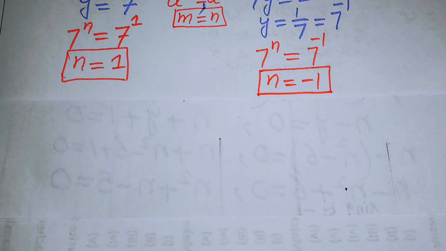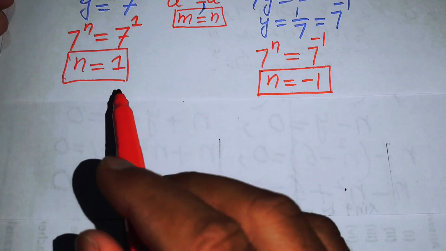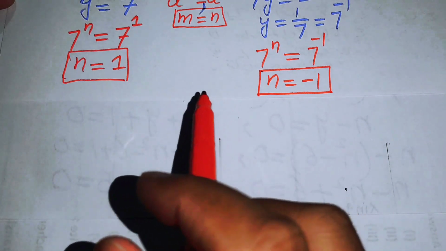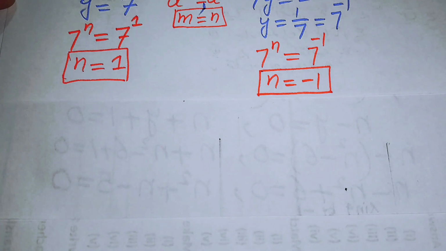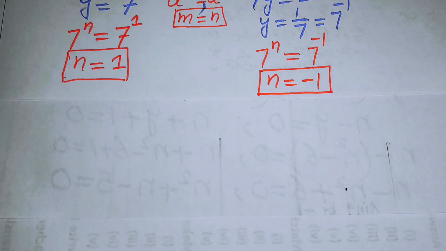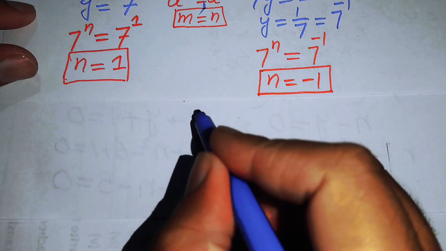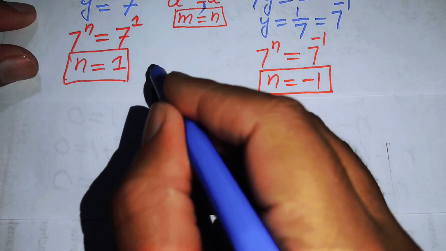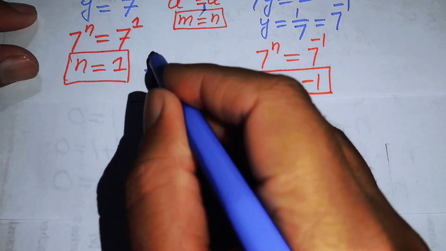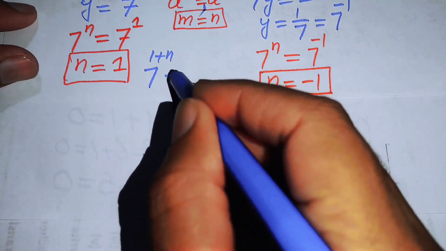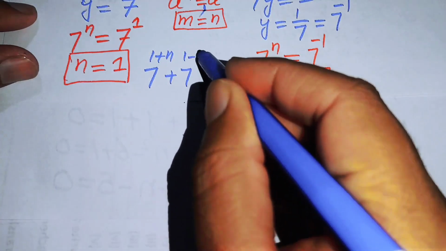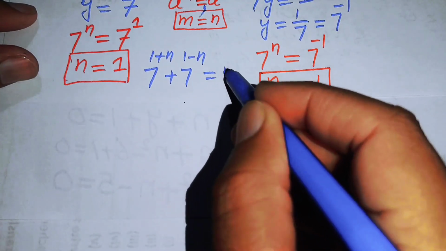And now we will check whether these roots satisfy our given question statement or not. So here first I can write our question statement, which is in the form of 7 to the power of 1 plus n plus 7 to the power of 1 minus n equals 50.